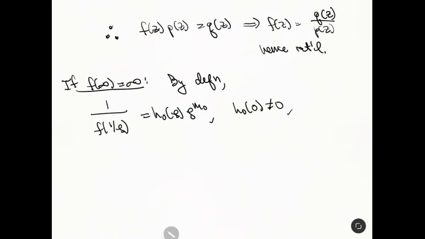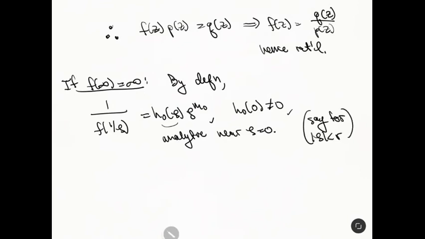So h0 is analytic near zeta equal to 0, say for this guy less than r. Okay, so we have this expression again, by definition of holomorphic at infinity to infinity, so infinite values and points.